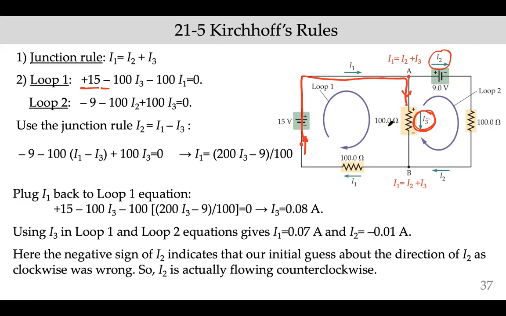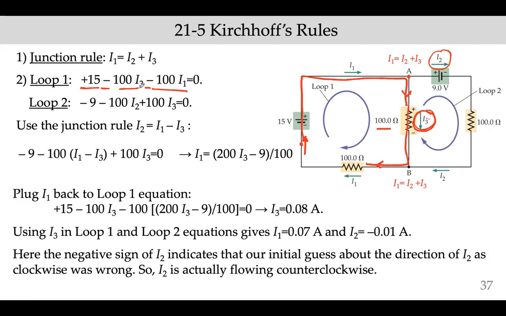So a negative sign, and I have to do 100 times I3, which is here. Then this is done. I go back this way. Now I run into another resistor. So it will be again 100 times I1 this time. And the loop direction and the current direction are the same. So there will again be a negative sign. So negative I1.